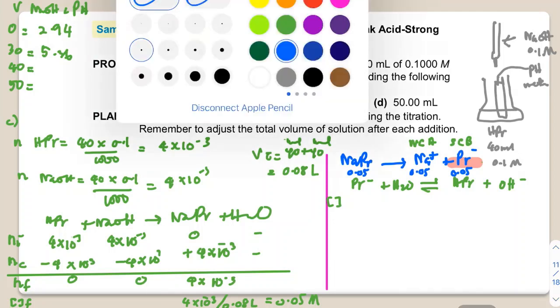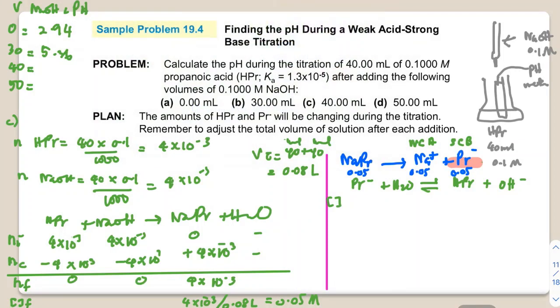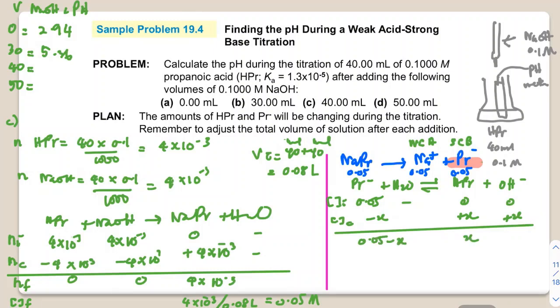So the initial concentration of the Pr minus is 0.05, dash for H2O, 0 for HPr, 0 for hydroxide, concentration change minus x, plus x, plus x, concentration at equilibrium will be 0.05 minus x, x and x.